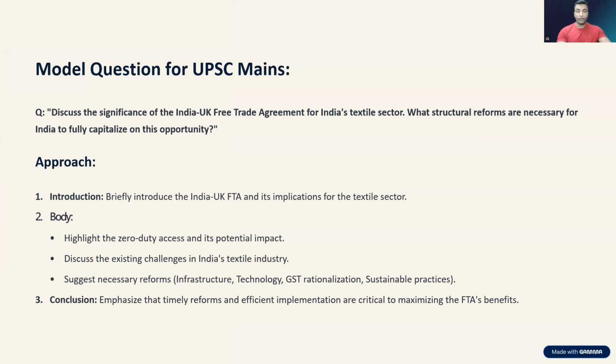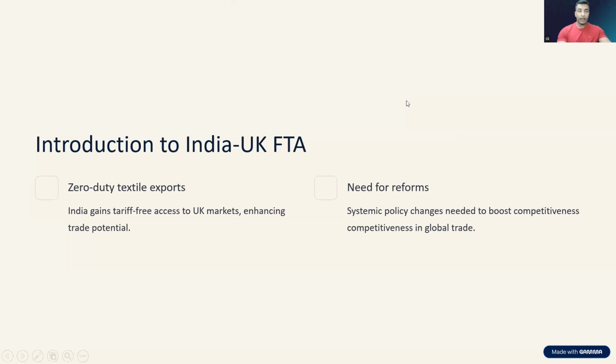If you look at the factual background in this scenario, India and UK have entered into a landmark trade agreement, a free trade agreement that will eliminate duties completely on textile and apparel exports. The UK is India's largest market for textile products.